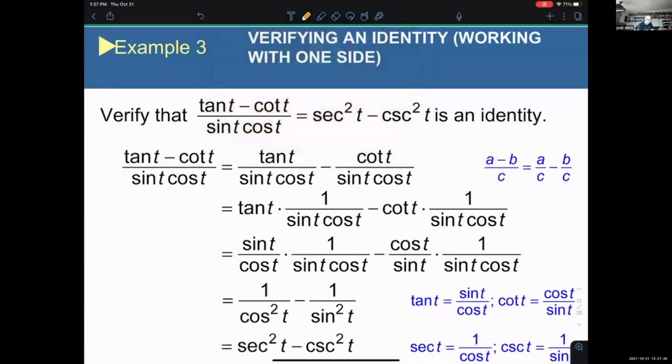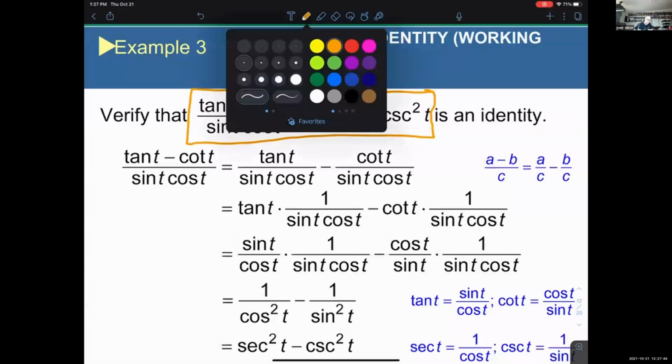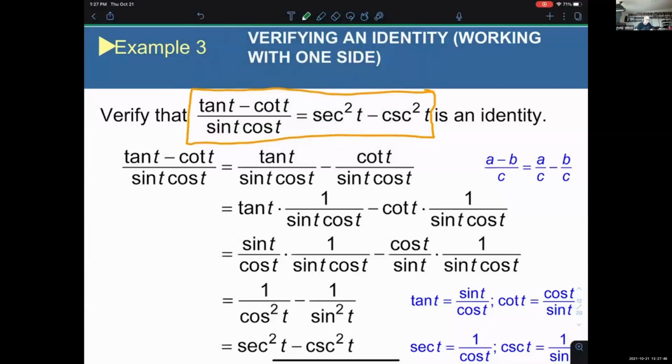So it says to verify that this equation is an identity. So this one, honestly, is kind of hard to think of how a student would think to do what they're doing here on their own. What they're showing is that on the fraction on the left, you have a single fraction with a single denominator and a difference of numerators.